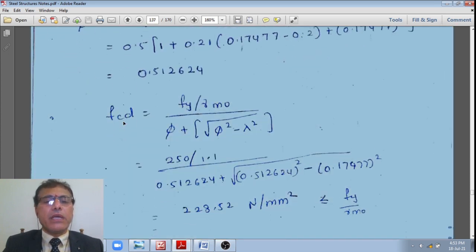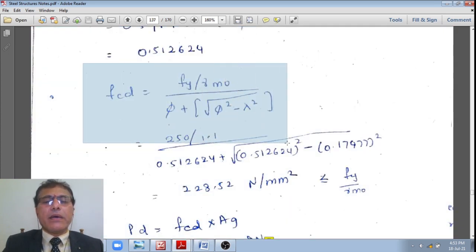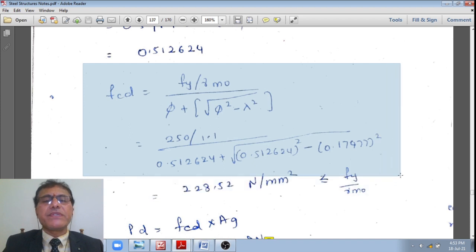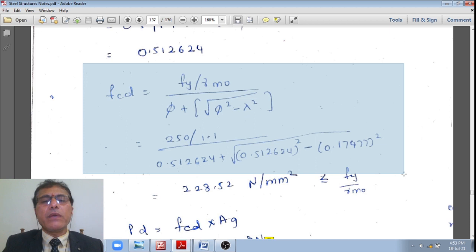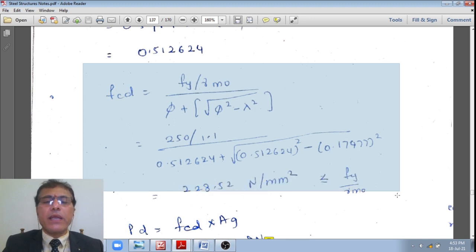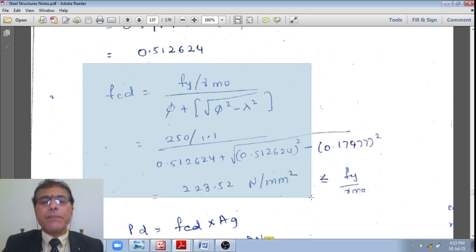Then the design compressive stress fcd is equal to fy divided by gamma m0, 250 divided by 1.1, divided by phi plus the square root of phi squared minus lambda squared, which works out to approximately 223.52.